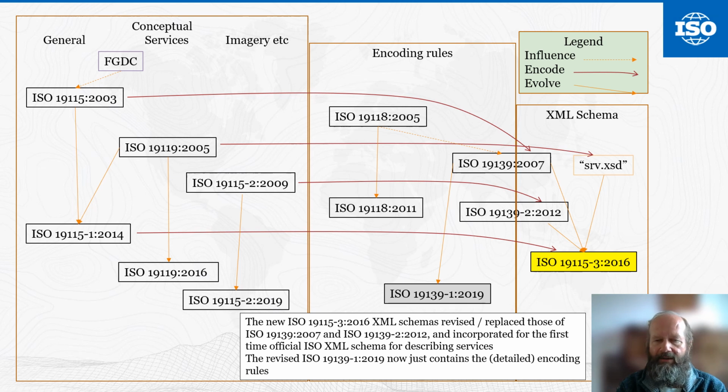So the parallel of the 19136 rules for data about the world, and the 19139 rules for data about the data. And a complex schema set, 19115 part 3, for all the metadata that's in those logical models. It's modular, so you can just use parts of it, but it is a big standard.